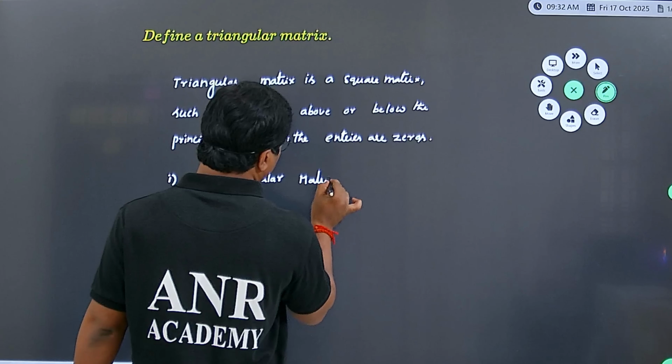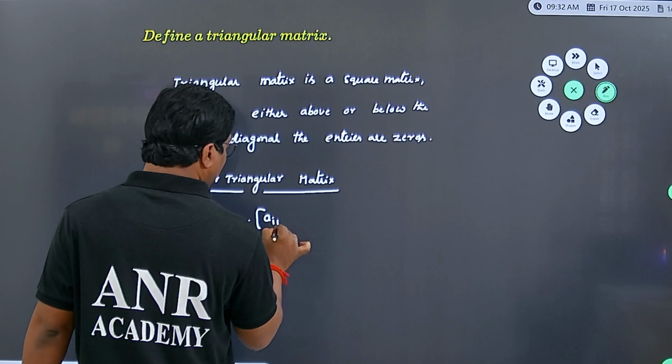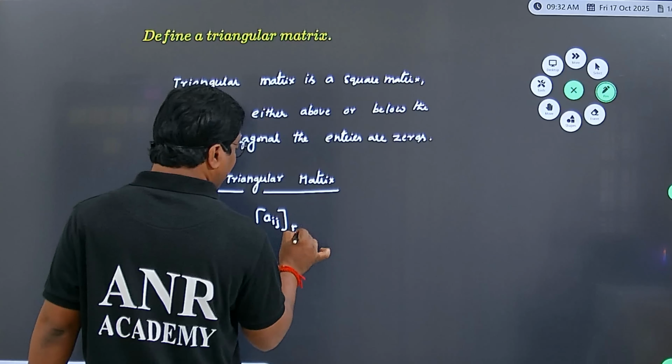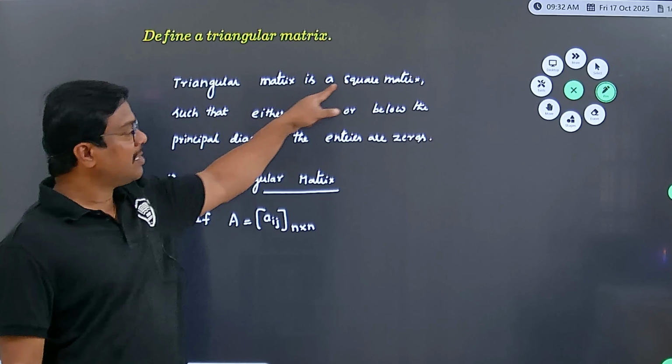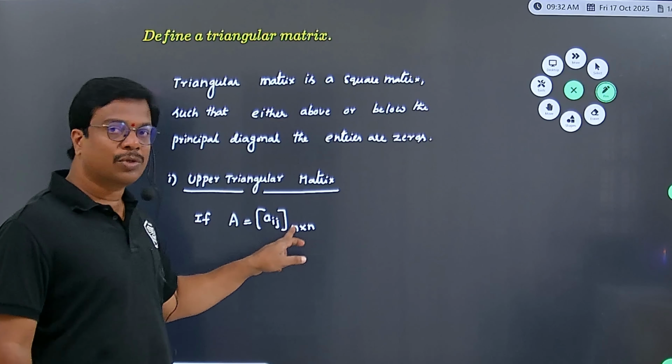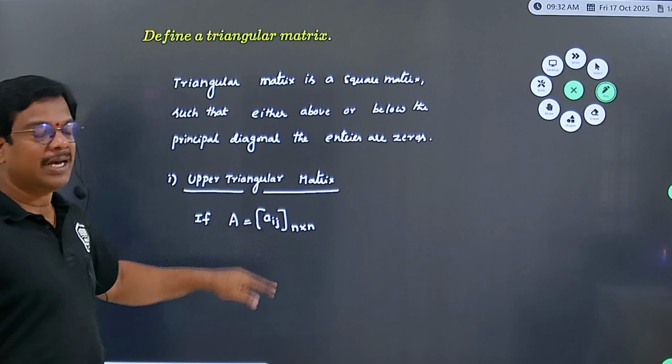Upper triangular means above the principal diagonal the entries are zeros. That is, you can define that if capital A is a matrix such that the entries are of the form A of ij of n cross n, triangular matrix is a square matrix so that both rows and columns are same and the entries are usually denoted by A of ij.